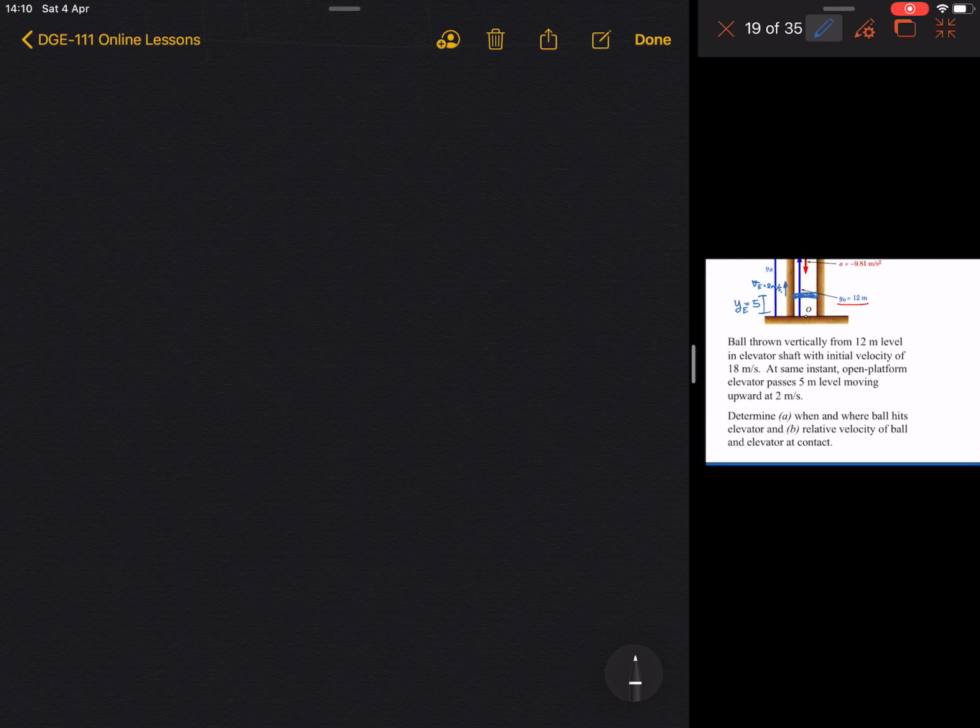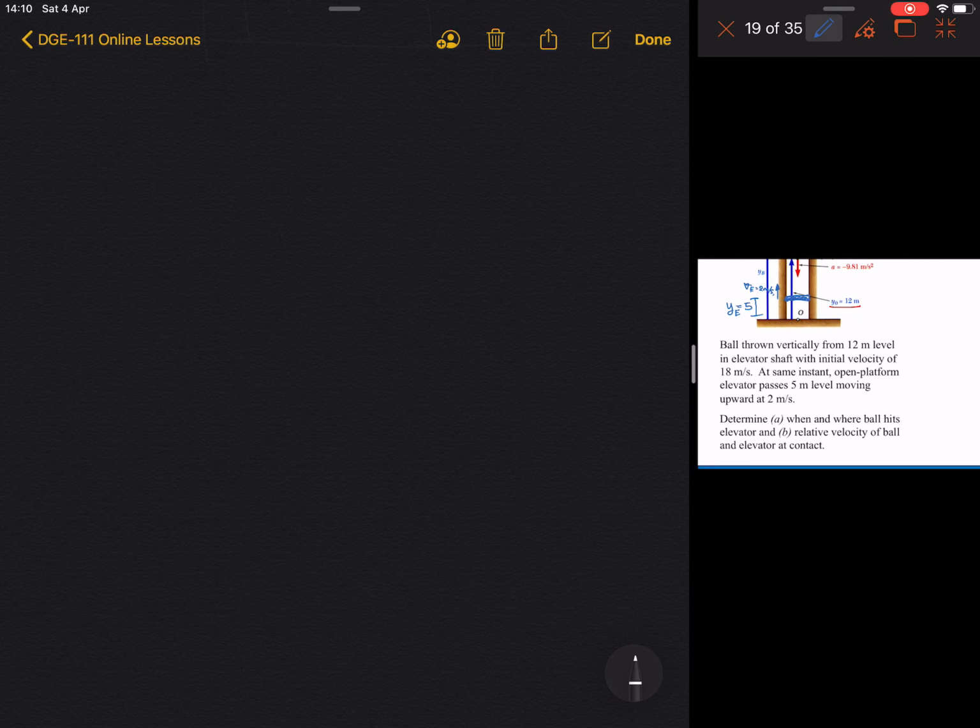And what do they ask us? When and where does the ball hit the elevator, and what is the relative velocity of the ball and the elevator at contact.